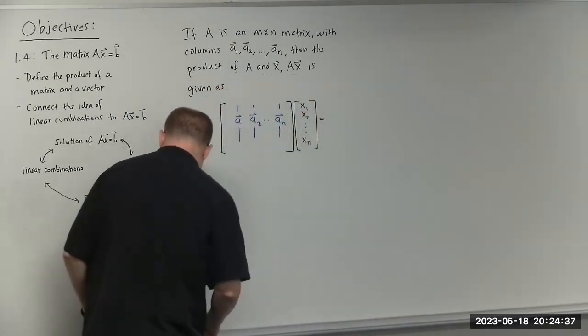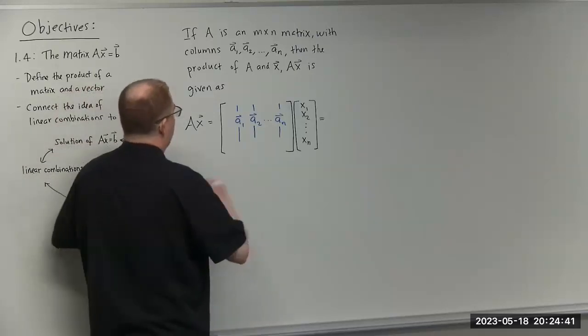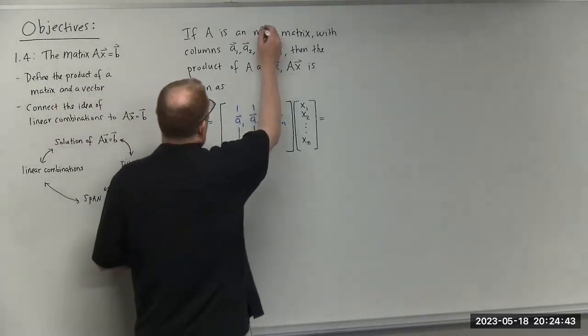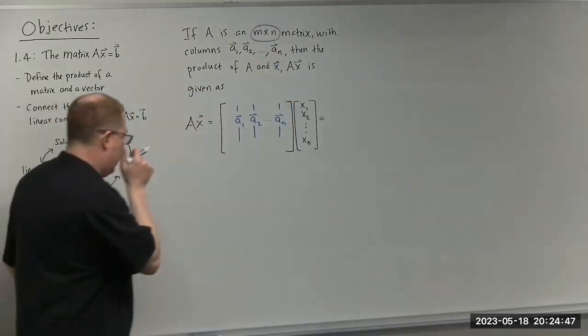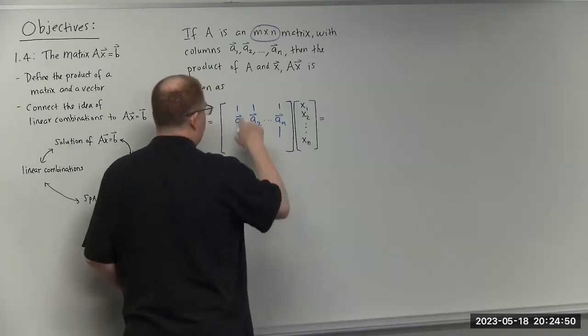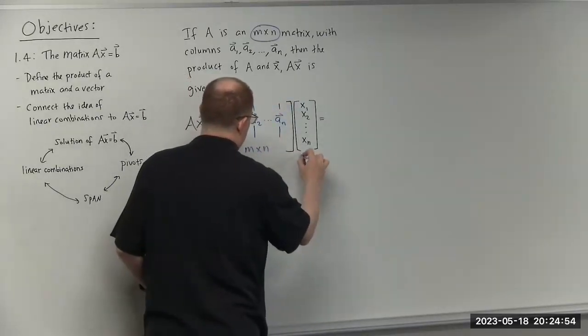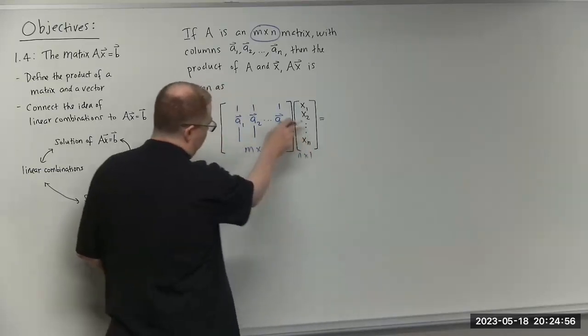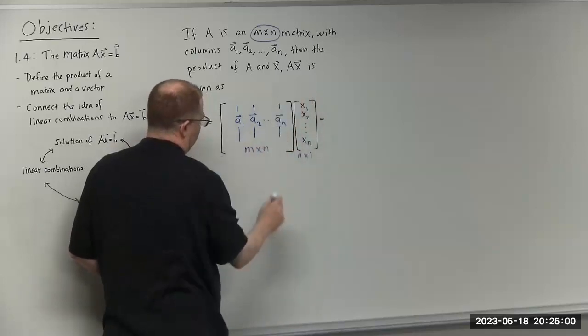And so one other important thing to realize here is that we're assuming that we're working with an m by n matrix. So that means that there's m rows and n columns. So we have m by n. This is n by 1 because we have n entries, and then there's just one column.